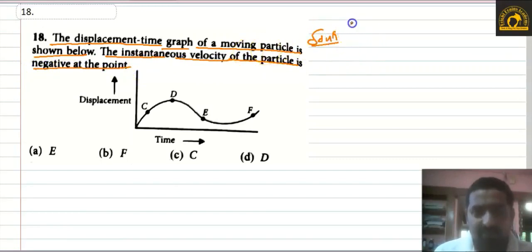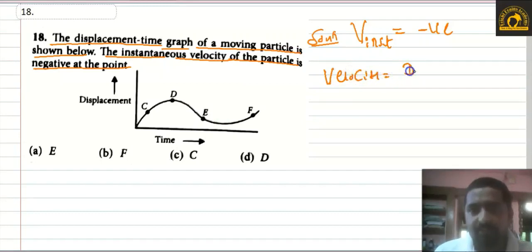The question asks about the instantaneous velocity. For which point is the instantaneous velocity negative? We know that velocity is equal to displacement by time.